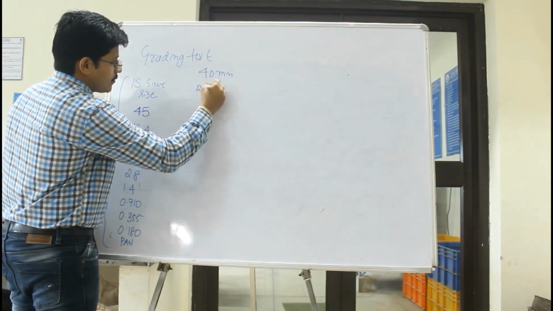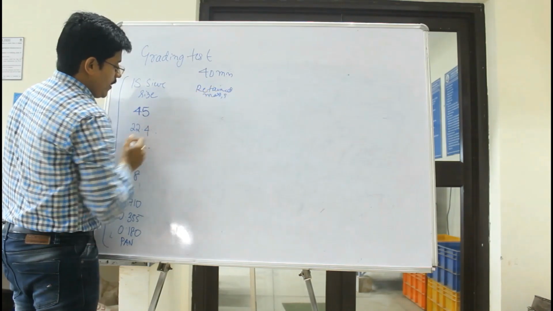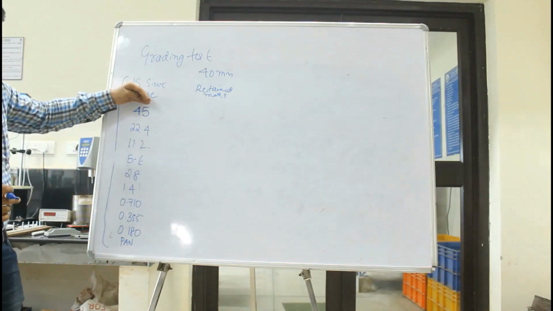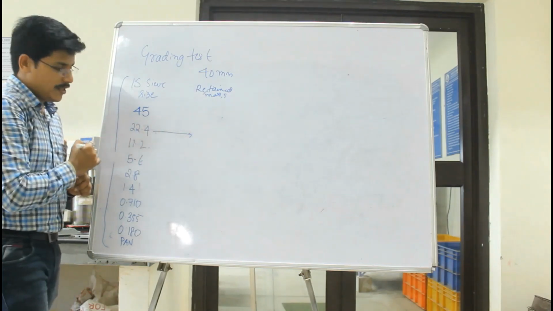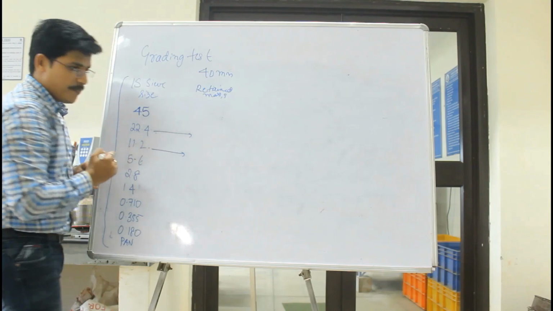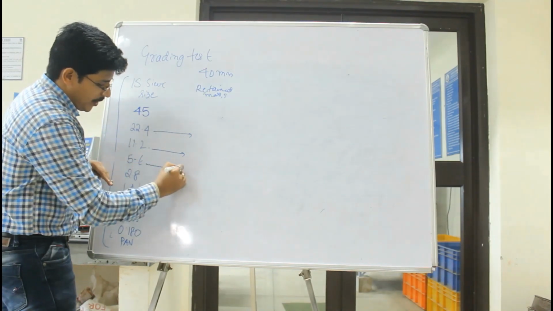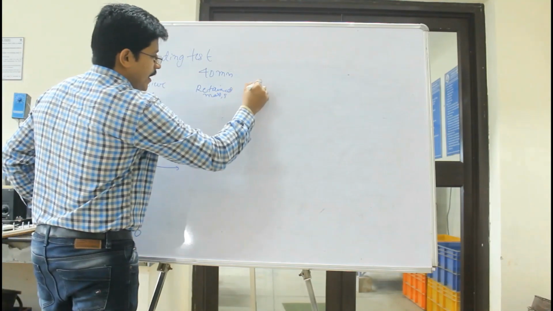We note these as the retained mass. We note each value as a retained mass: 40 mm passing and 22.4 retained, we get one particular mass. Similarly, 22.4 passing, 11.2 retained, we get one particular mass. Similarly, 11.2 passing, 5.6 retained, we get a particular mass. After this, we determine percent retained.